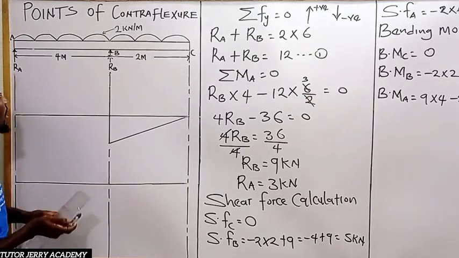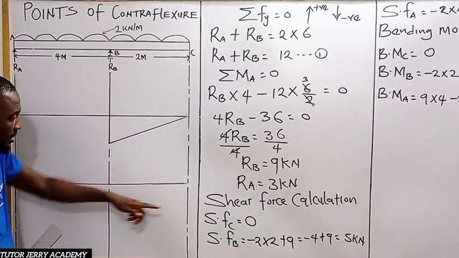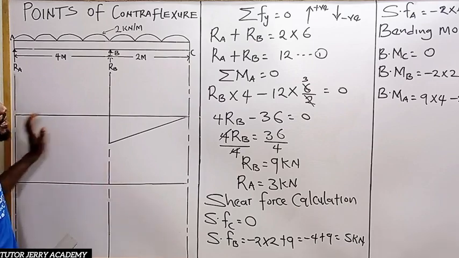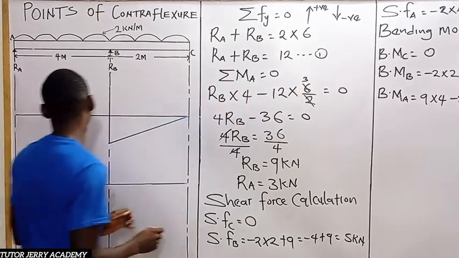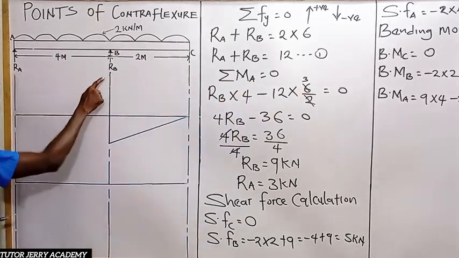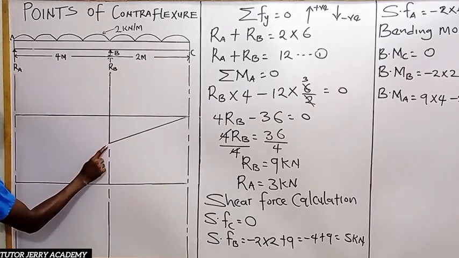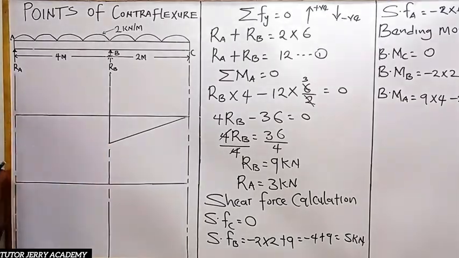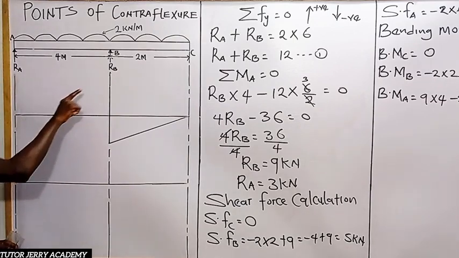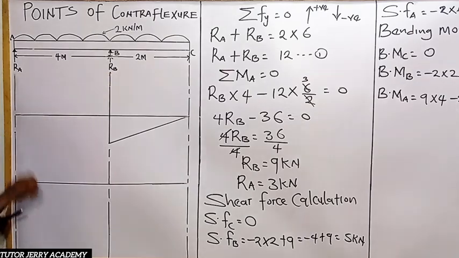All right, so at point A, our shear force at point A is what? -3. All right, so from this point now, here we have -4. So it means -3 should be somewhere around here. So that is -3. So we are going to use an inclined line to join this point with this point.